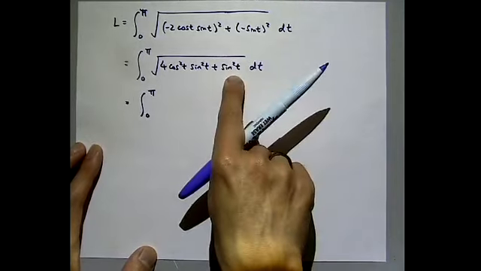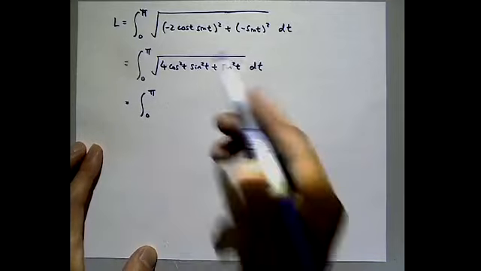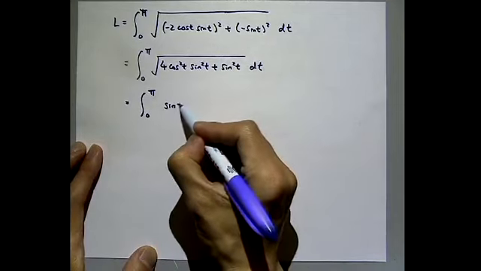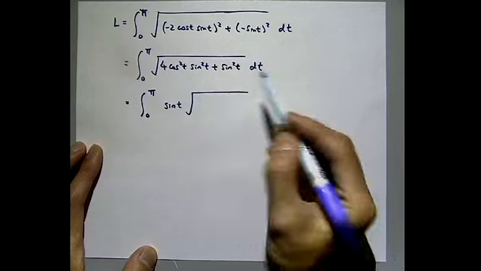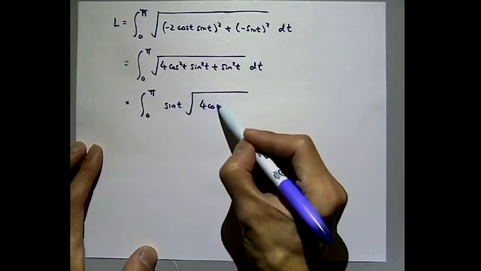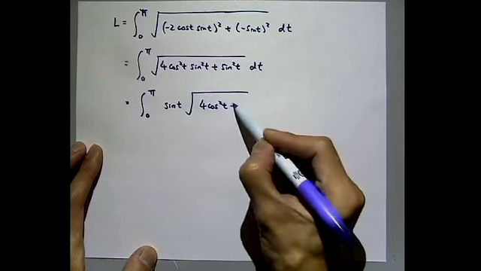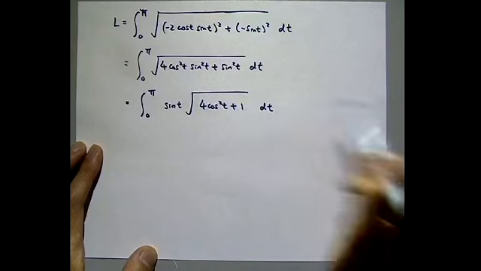I'm going to factor out a sine squared and then bring it out of the root, like that.